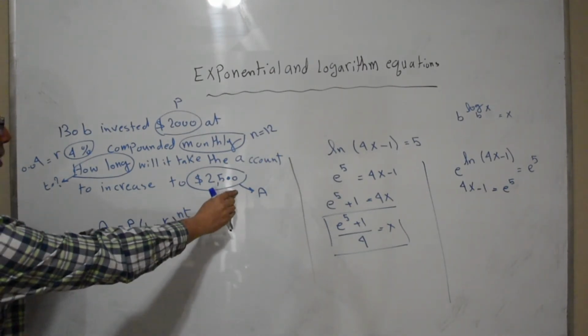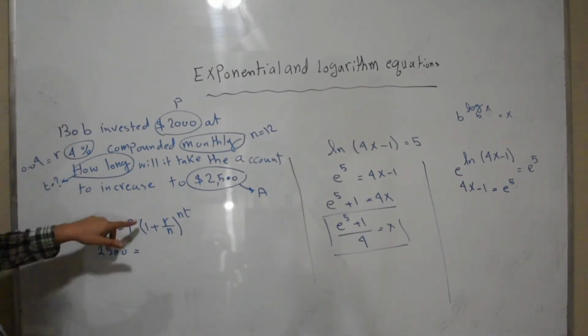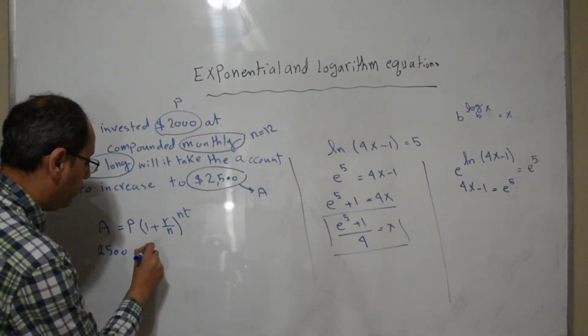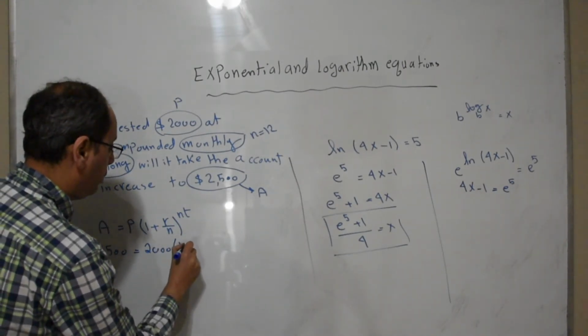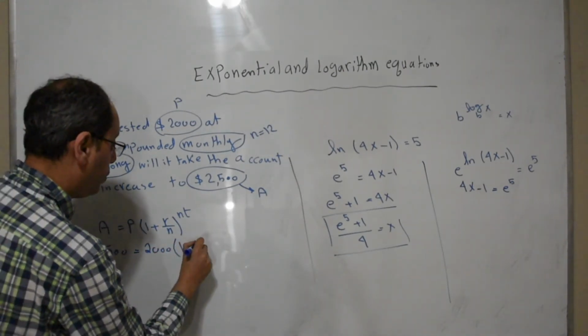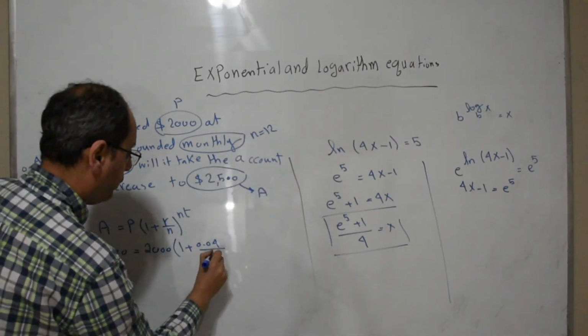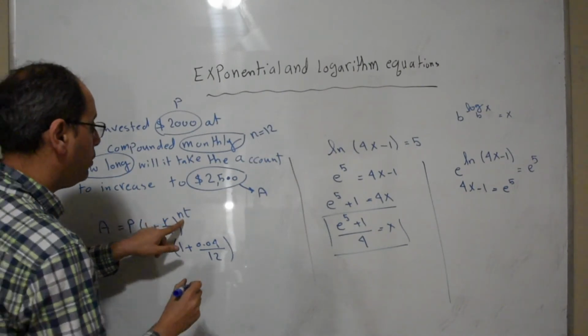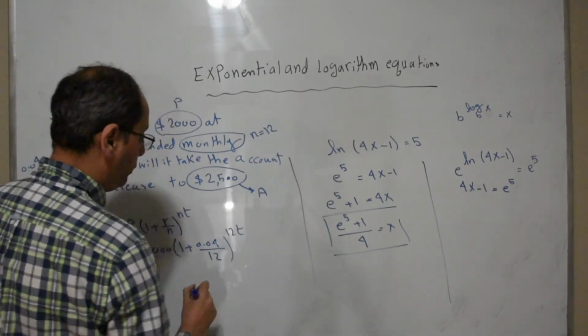What is A? $2,500. P, $2,000, times 1 plus r, which is 0.04, over n, which is 12, to the 12t, and t I do not know.